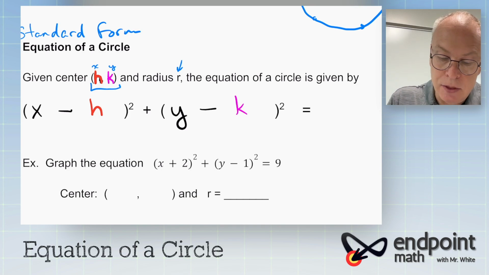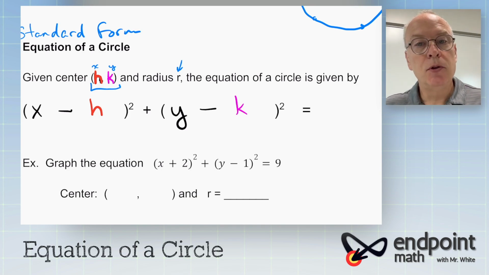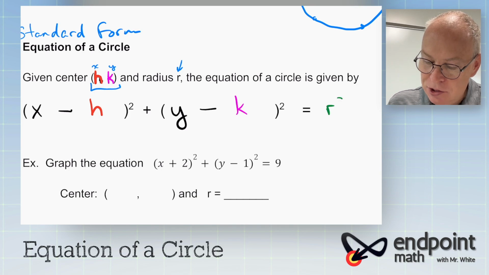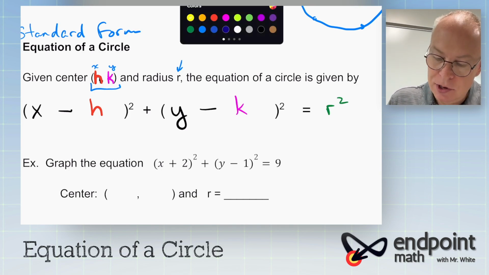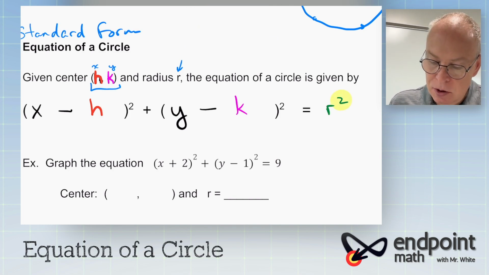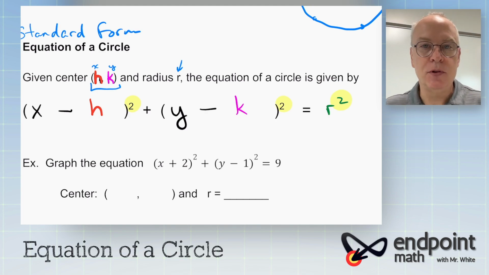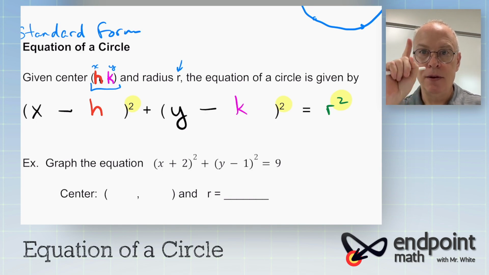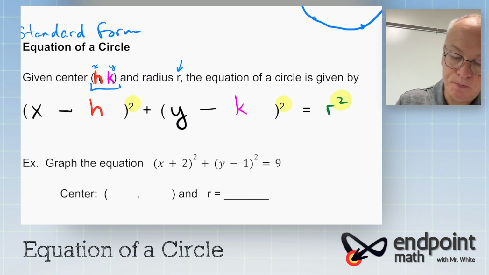And then on the right side, we're going to put r squared over here. So don't forget that square. I'm going to highlight that. Notice these two quantities are also squared. So it's (x minus h) squared plus (y minus k) squared equals r squared. So don't forget that square.